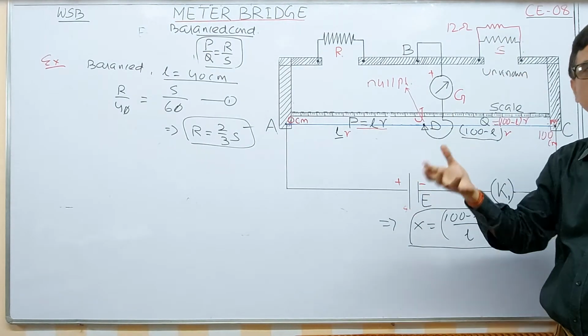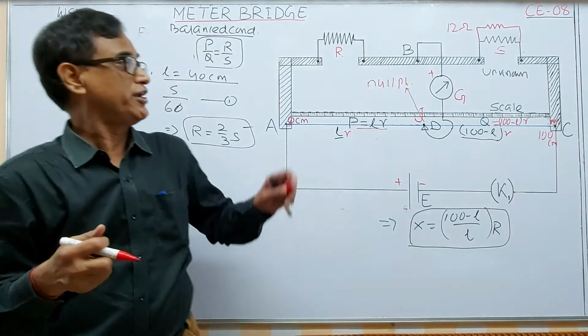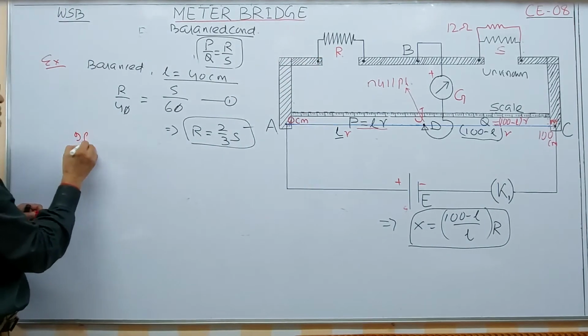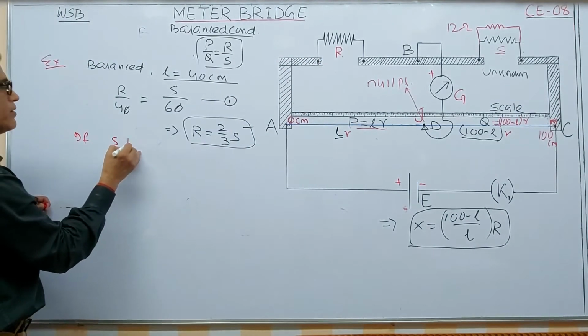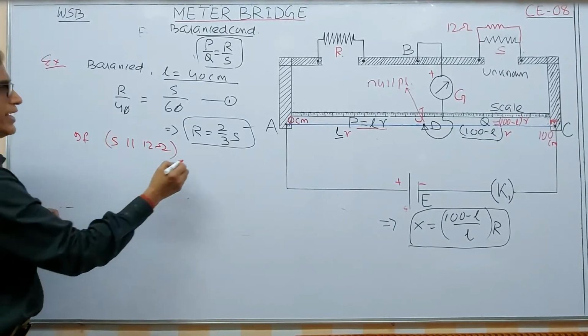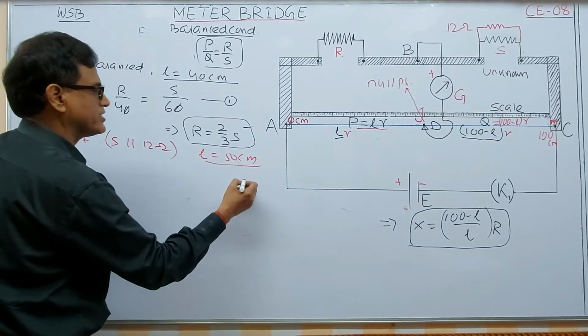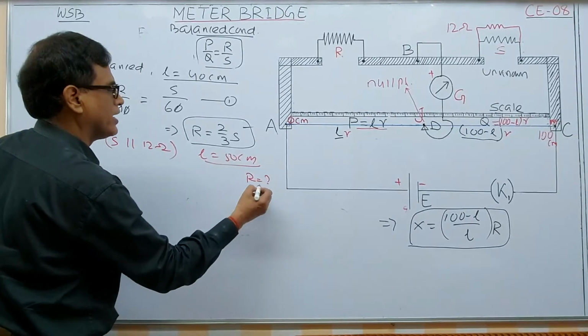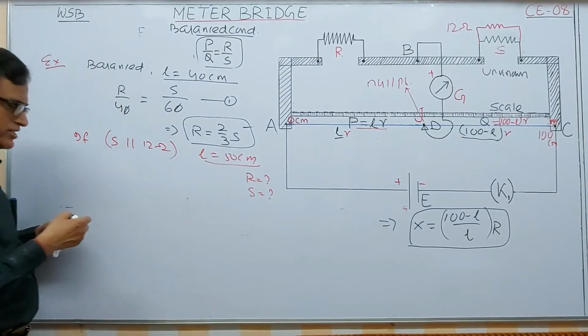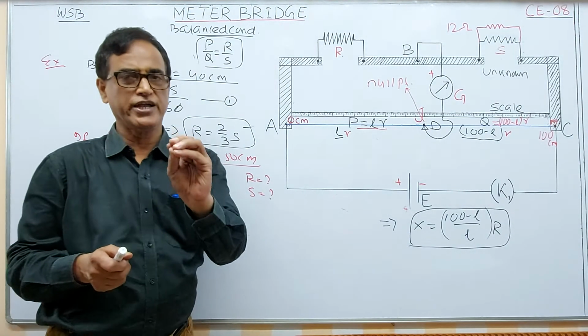Resistance is affected, balance point changes. So I give you the question: if S is connected in parallel with 12 ohm, then the length becomes 50 centimeter. Find out the value of R and the value of S. This question is in the material, the circuit diagram is given, I am just giving the hints, you try to solve it.